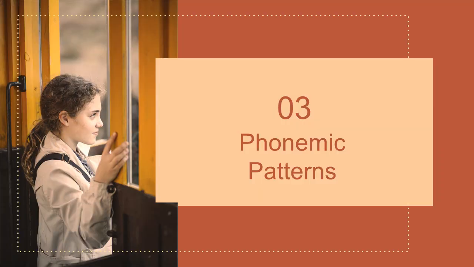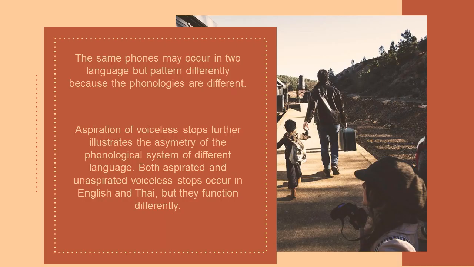Okay, thank you, Diah. The next will be explained by me. The same phones may occur in two languages but pattern differently because the phonologies are different. Aspiration of voiceless stops further illustrates the asymmetry of the phonological system of different languages.